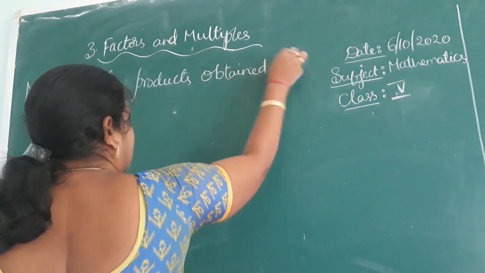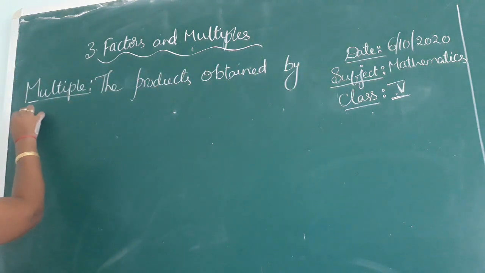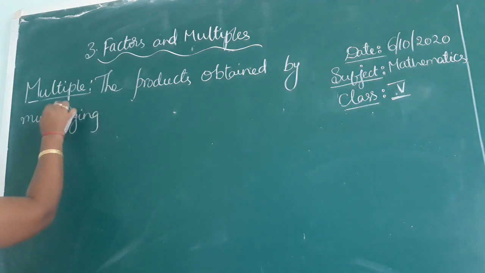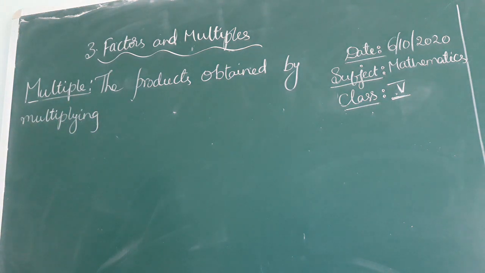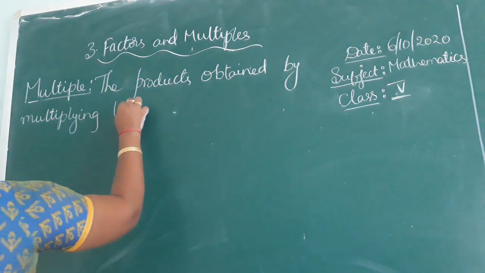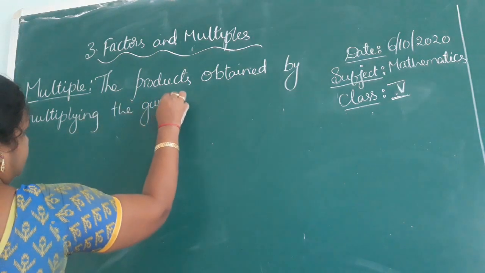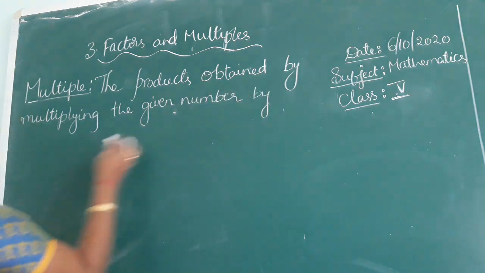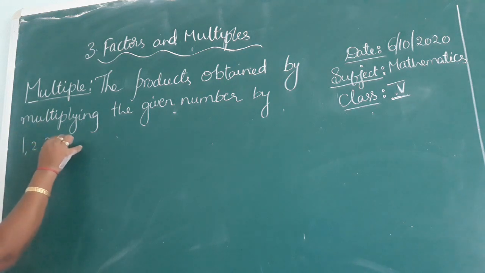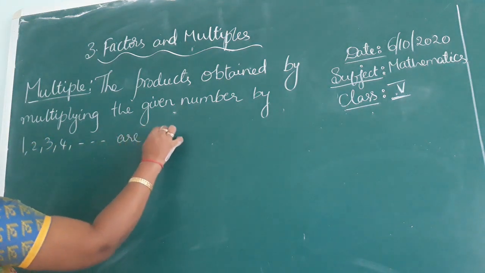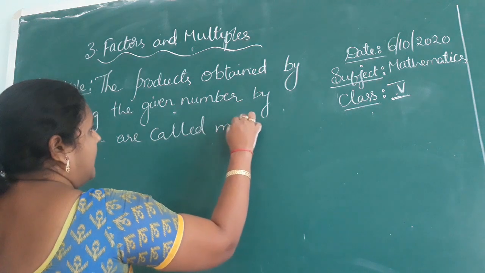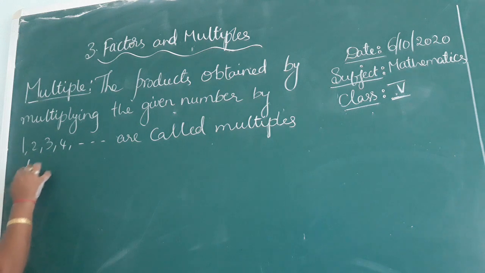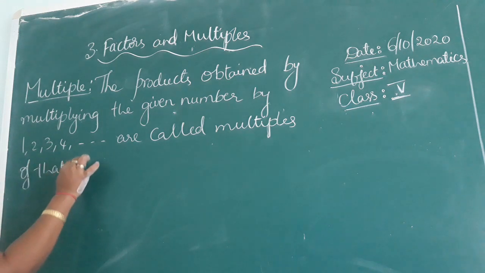The products obtained by multiplying the given number by 1, 2, 3, 4 and so on are called multiples of that given number.